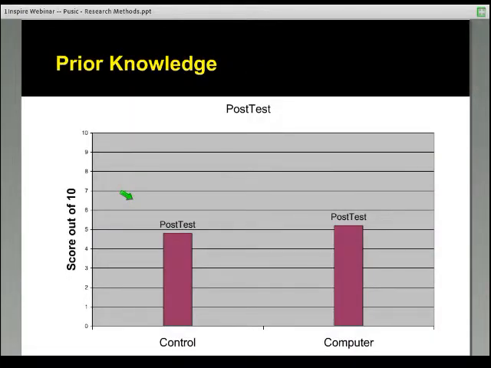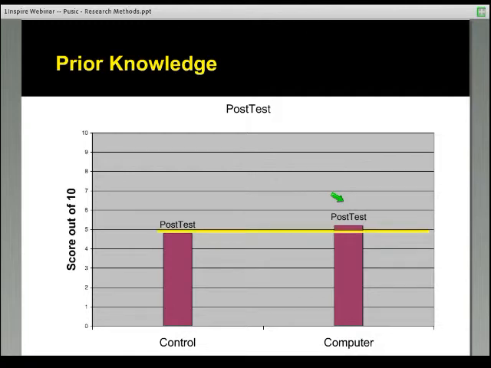What we're hoping for when we do our study is to see whether our intervention group did better on this post-test than our control group. Here it was a computer trial, so the question is whether or not the computer group did better than the control group.